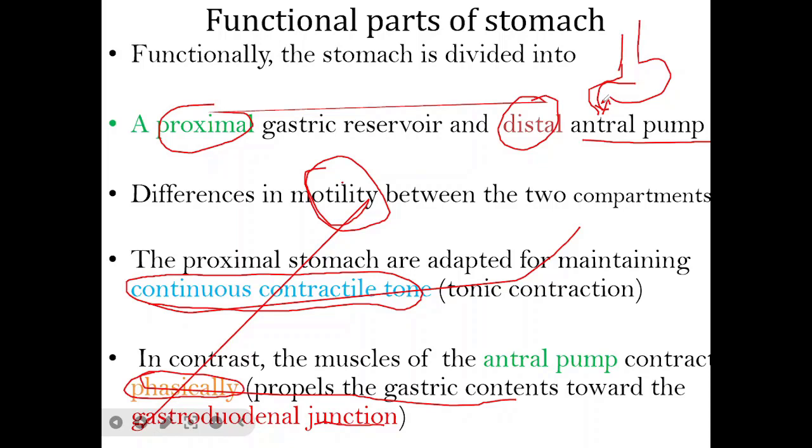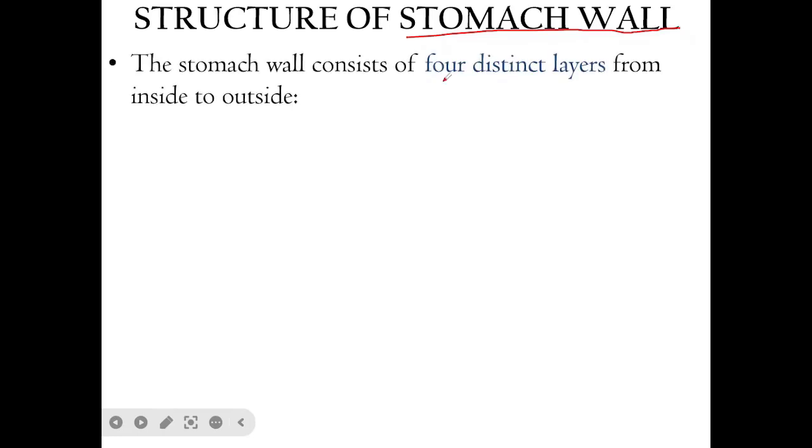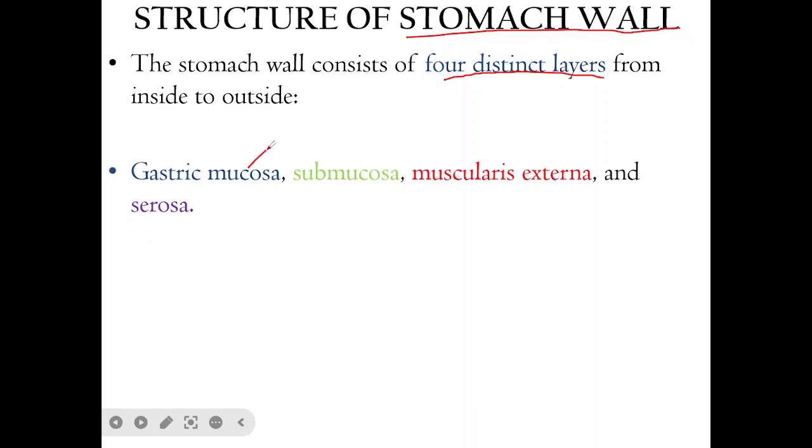So the stomach wall consists of 4 distinct layers. You see, when we see the histology of our stomach, like any other GIT tract, it has 4 layers: the mucosa, submucosa, muscularis externa and serosa. In the previous video I talked about the GIT layers and said they have four common layers.